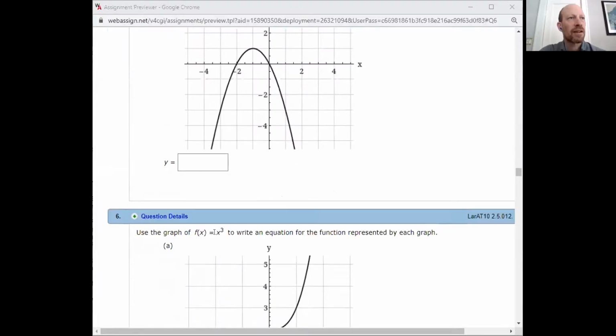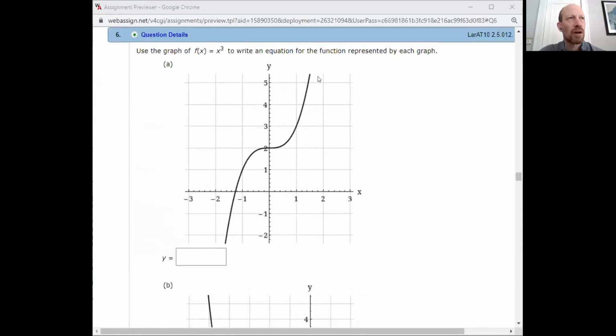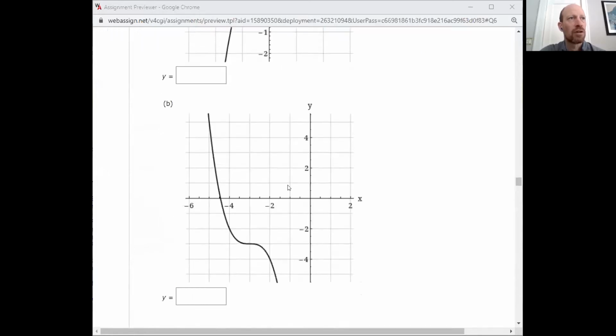Yeah, so you're starting with the graph of x cubed. And x cubed kind of looks like this, just starts right at the origin.